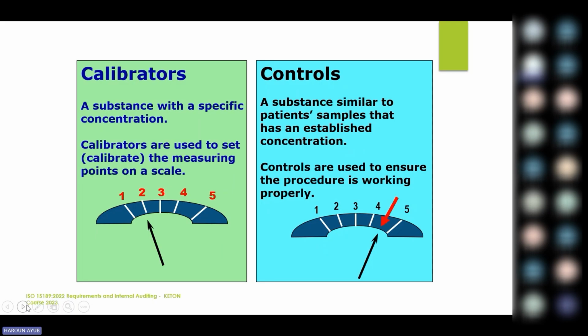So a control is similar to a patient sample that has established concentrations, and it spans the different ranges. So we can have low, normal, high, or level 1, level 2, or normal and pathological. They are used to ensure that the procedure is working properly. So you have calibrated your scale or your curve to the calibrator's concentration, and then you run a control.